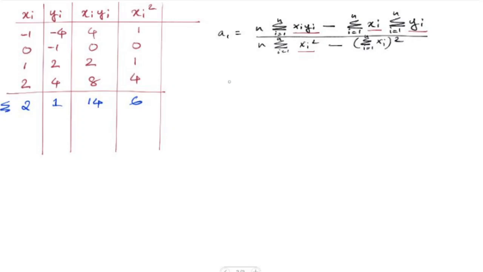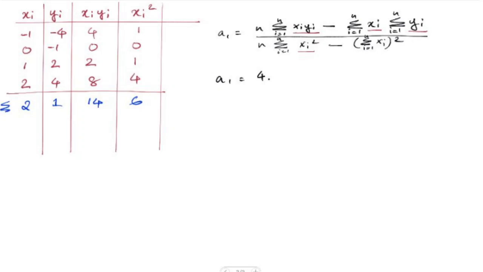Now a1 is equal to n. What is n for us? n is the number of terms that we have. As you can see, for xi we have 4 terms, 4 data points, right? So n is equal to 4.